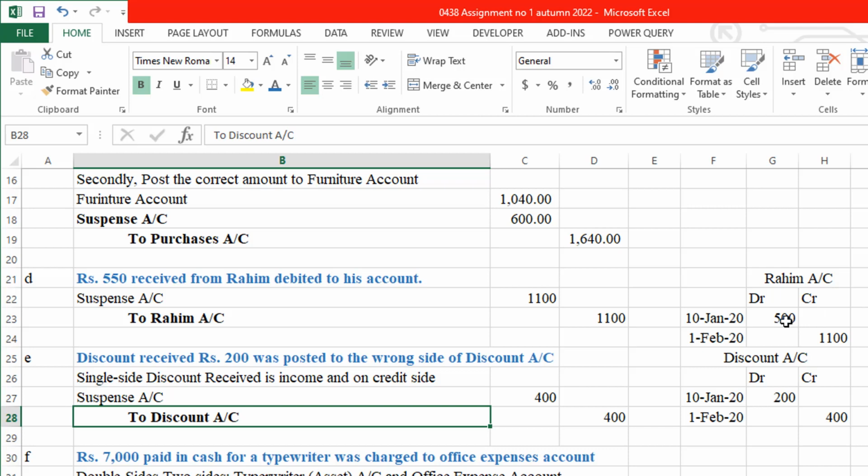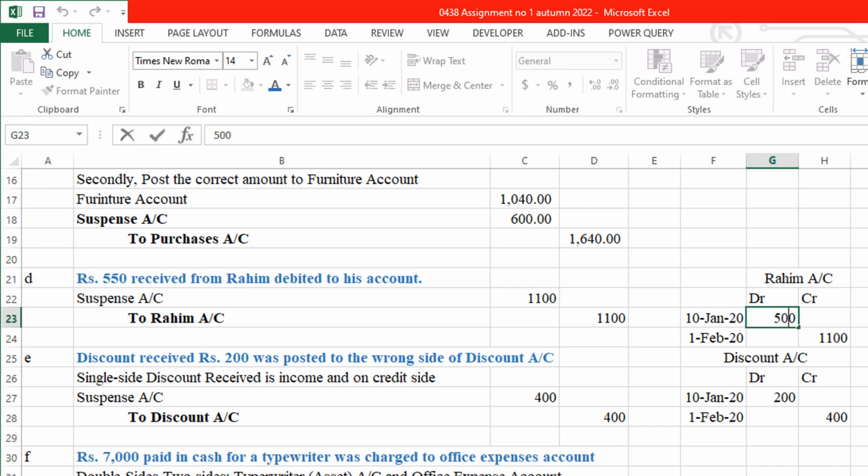Actually we have to reduce the liability of the Rahim by the 550. So if you subtract 550 from 1100, you will get 550 on the credit side. It means now our Rahim account is correct and its liability has been reduced by 550.